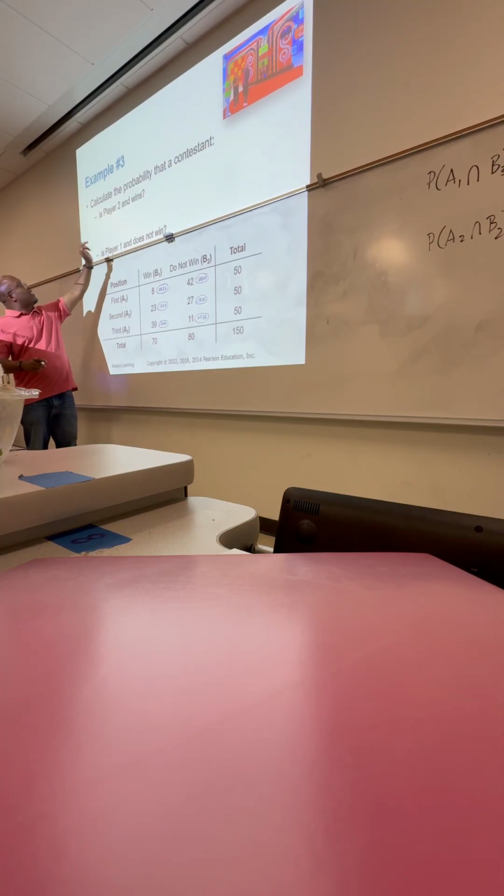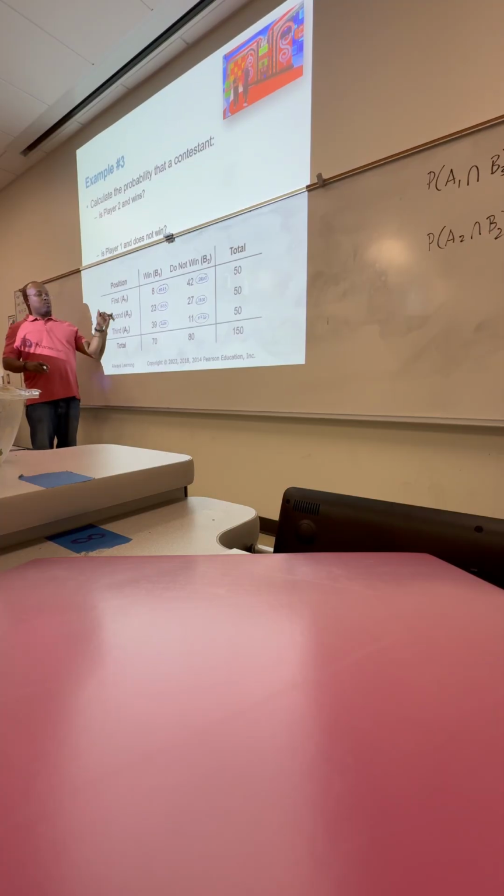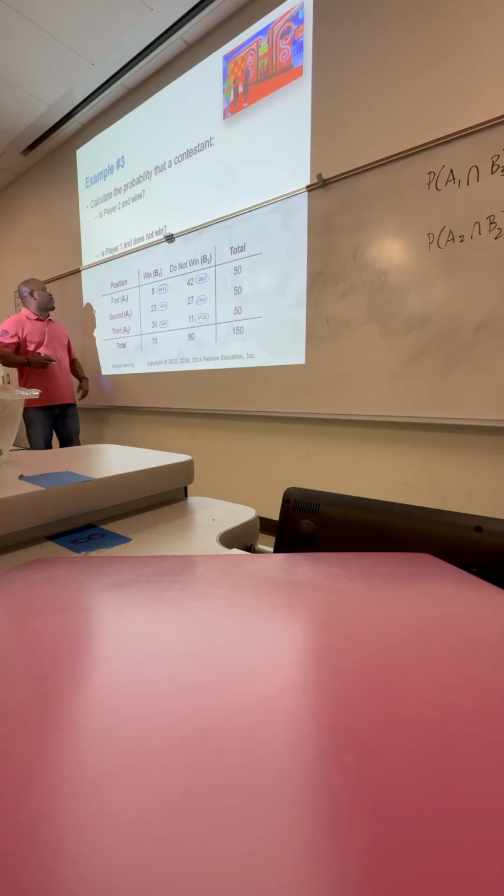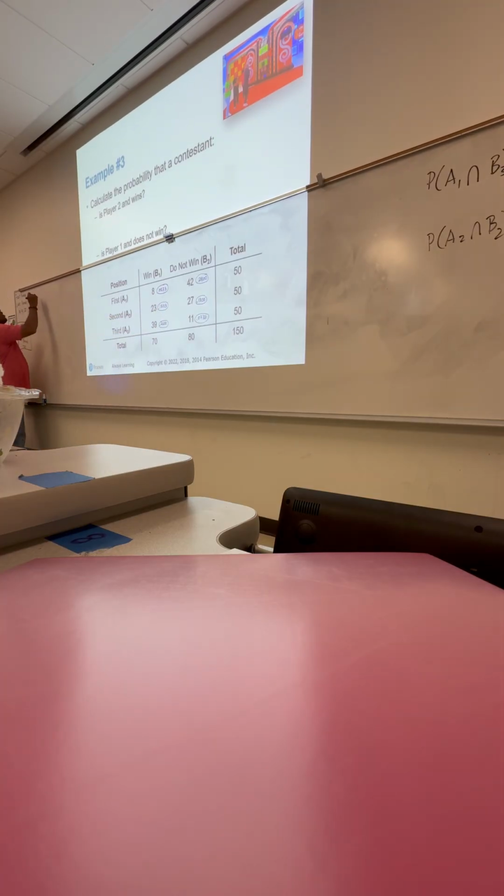Calculate the probability that a contestant is player 2 and wins. So what is that answer? 0.1533. That's right. So the notation is: what's the probability that you are player 2, so A2, and wins, which is B1.